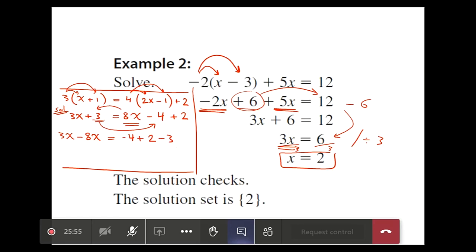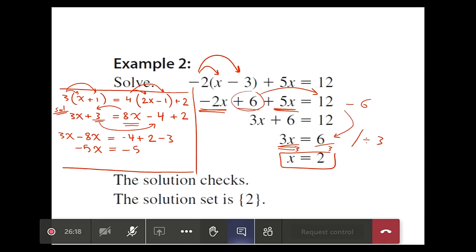Now we have minus 5x equals minus 4 plus 2, negative 2, and negative 3, so we have negative 5.